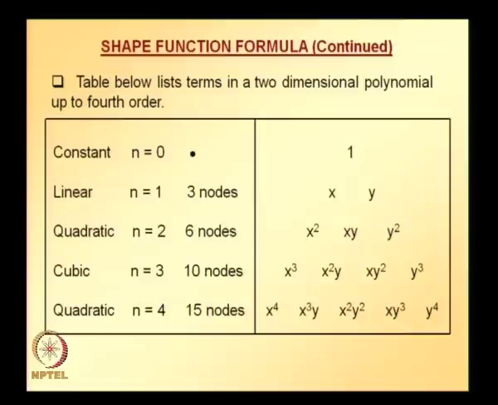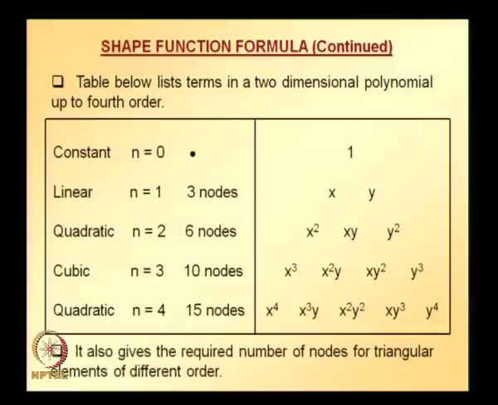There is a print mistake there, it should be quartic, and n is equal to 4. It also gives the required number of nodes for triangular element of different order. So, we can extend this table and we can easily get what are the number of nodes required for triangular element of different order.